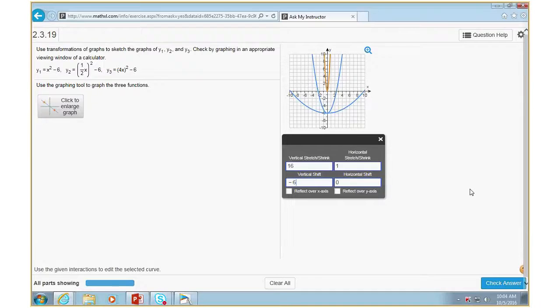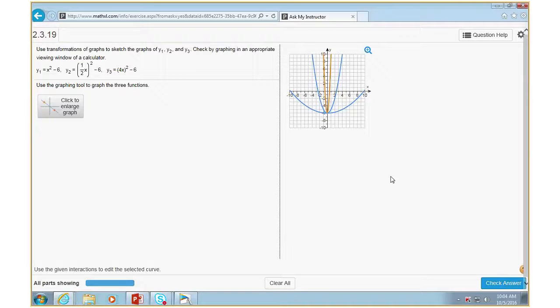Okay, now mathematically, that's right. Use the transformation graph by checking when appropriate. There's nothing here that says anything. This is a 1/4 x squared. This is a 16x squared.